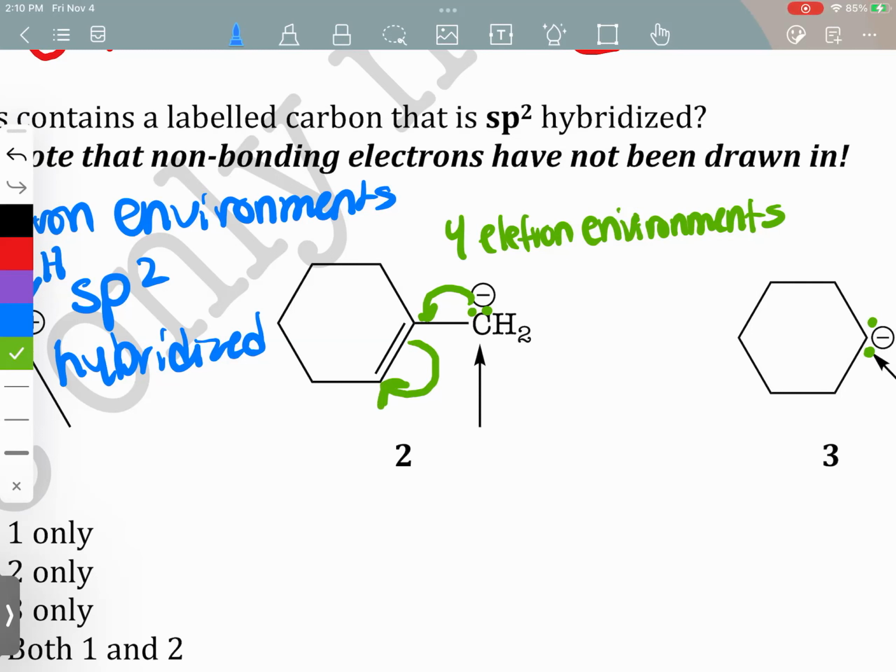Now, what type of hybridization do the atoms need to be in order to participate in resonance? What type of hybridization? Like sp3? sp2.